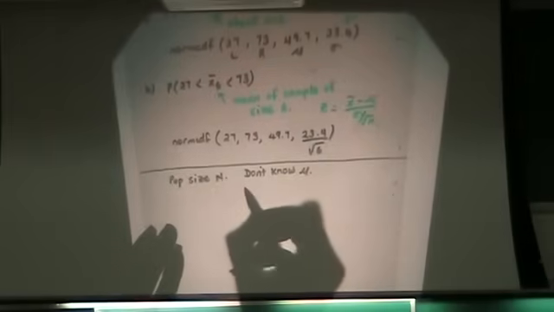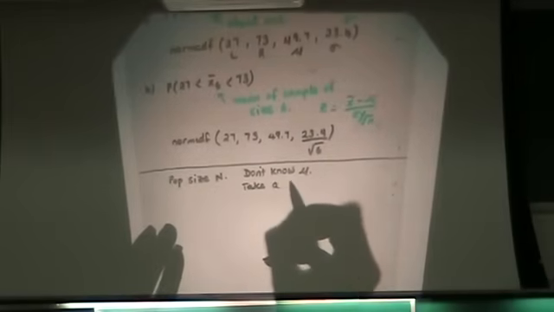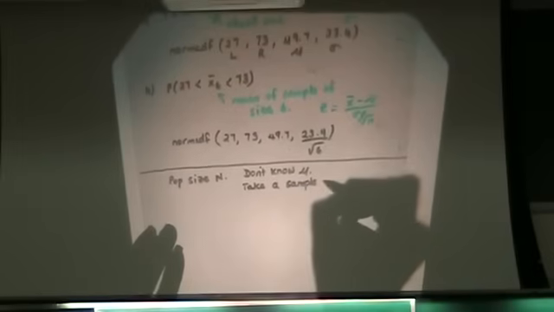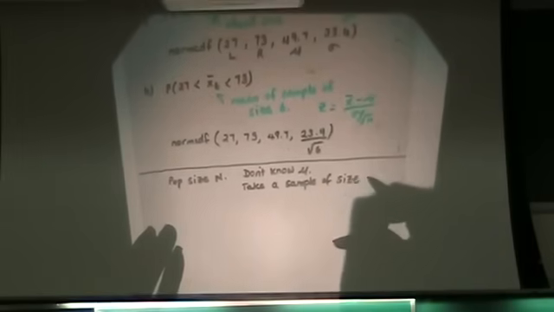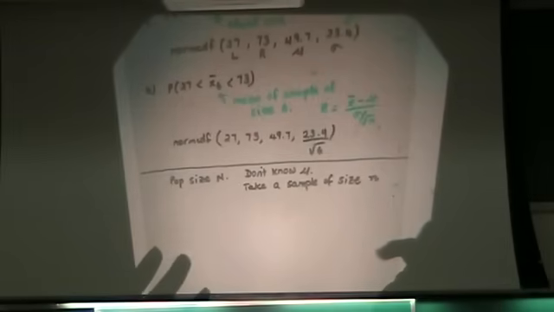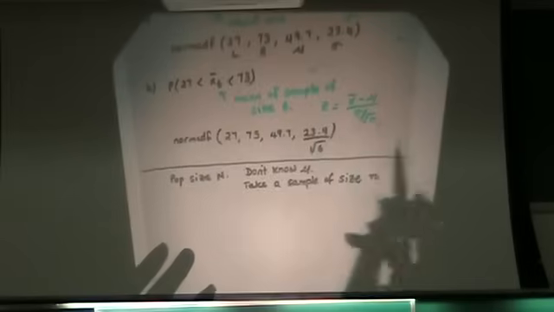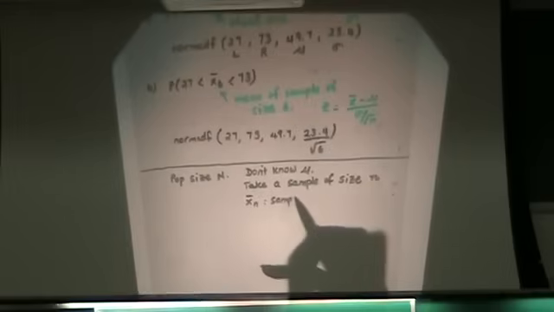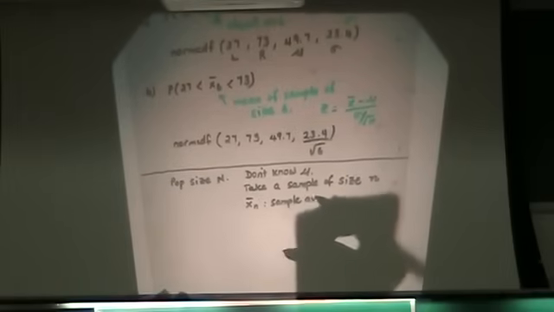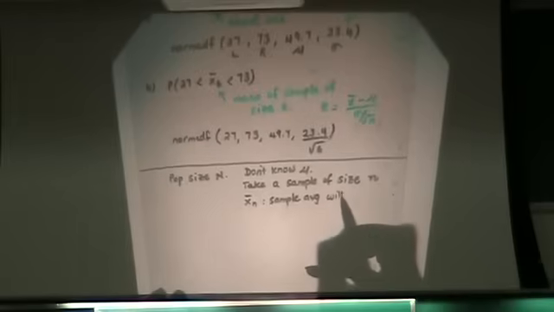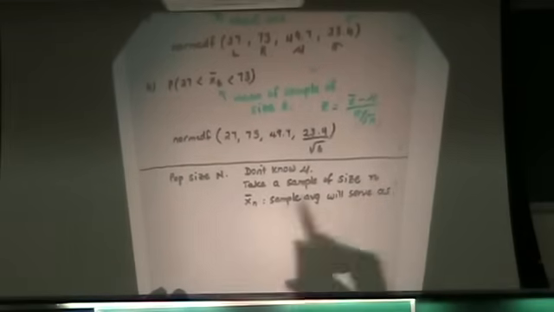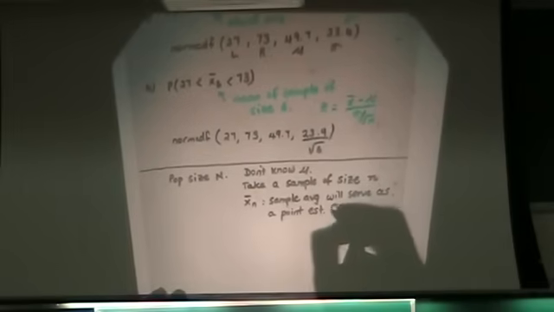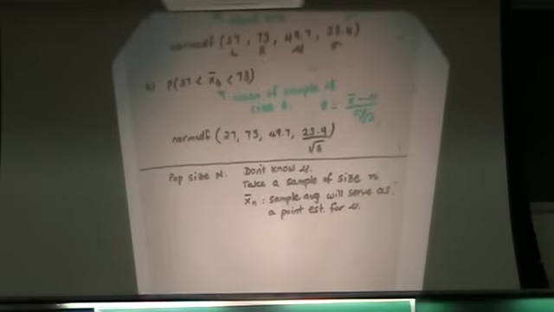I don't know mu, so I take a sample of size little n, and x bar n, which is the sample average, will serve as a point estimate for mu. The sample average serves as a point estimate for the population average.